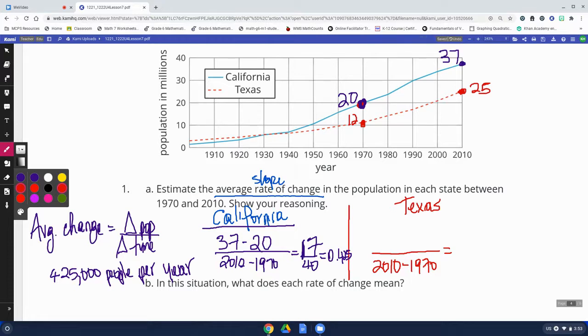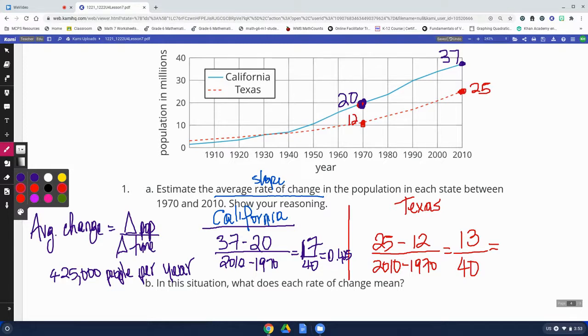So it was 25 million in 2010, and it had been 12 million in 1970. So that's an increase of 13 million people over 40 years, right?